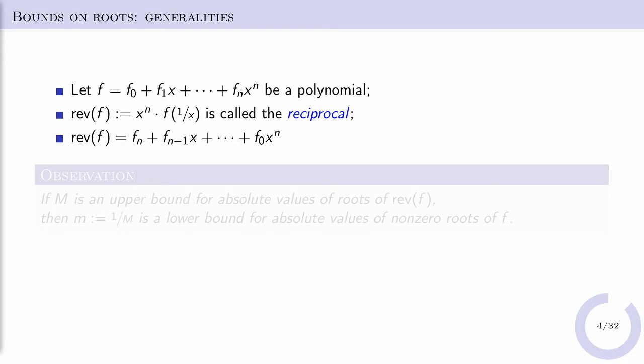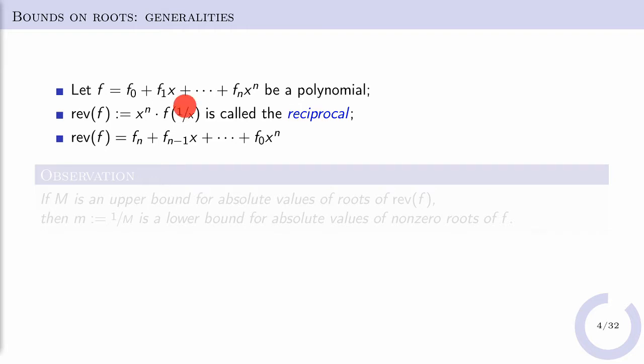So the two reciprocal polynomials have the same lists of coefficients, but in the opposite order. So if f is f0, f1, and so on up to fn, then the reciprocal of f is fn, fn minus 1, and so on up to f0.